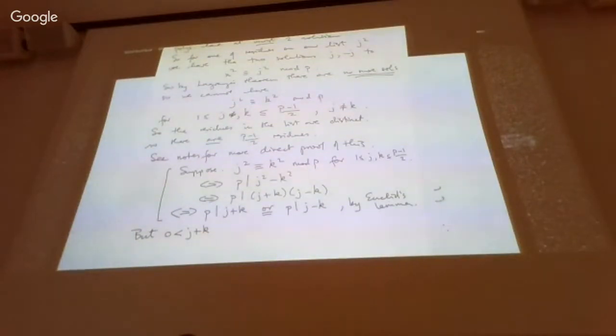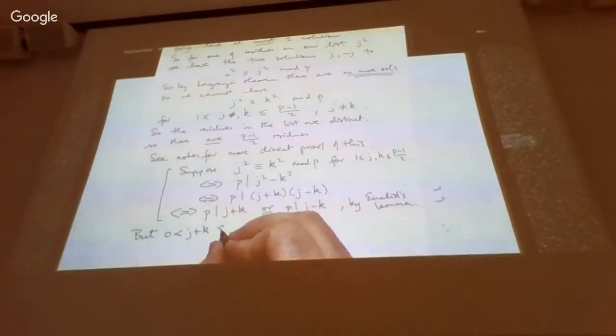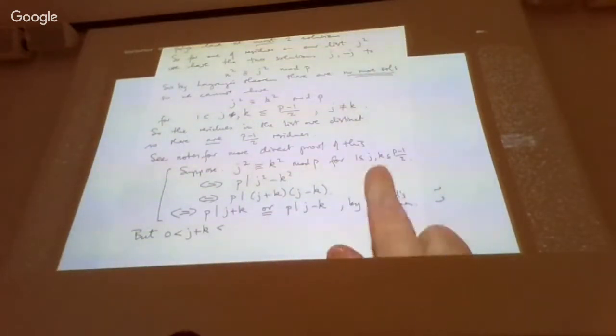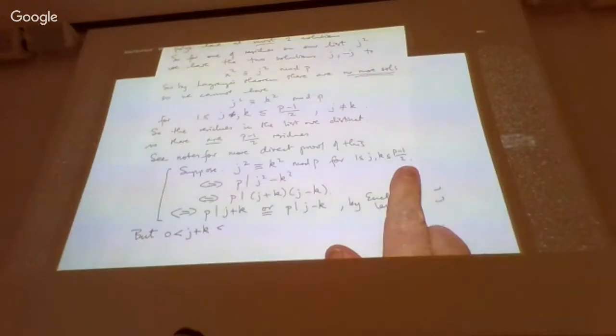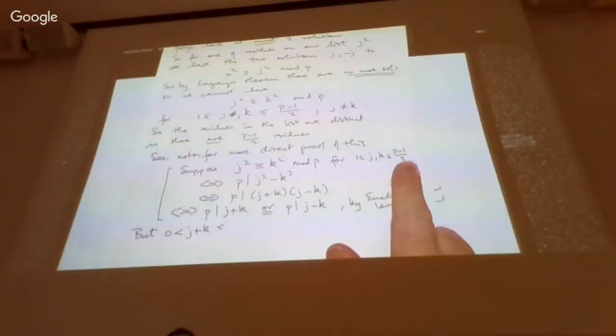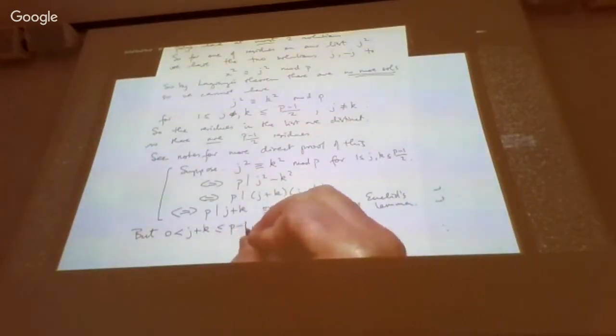What's the biggest j plus k can be, given where they come from? Well, you just make j and k as big as possible. At the extreme end, that would be if they were both p minus 1 over 2. When you add them together, you get p minus 1.